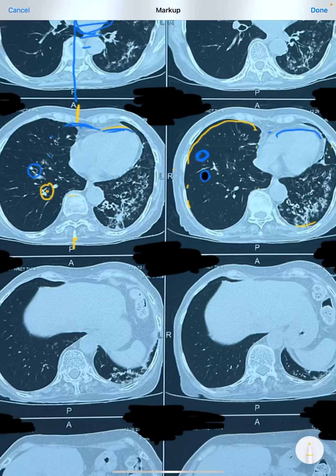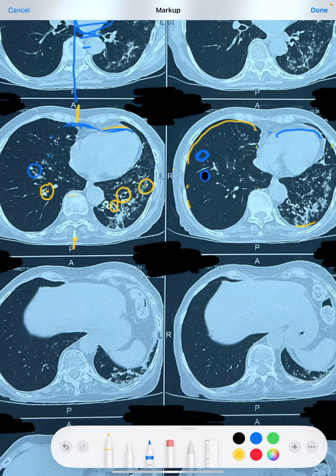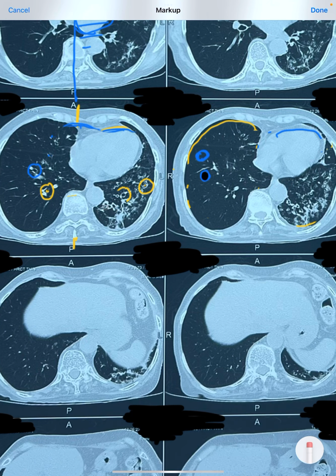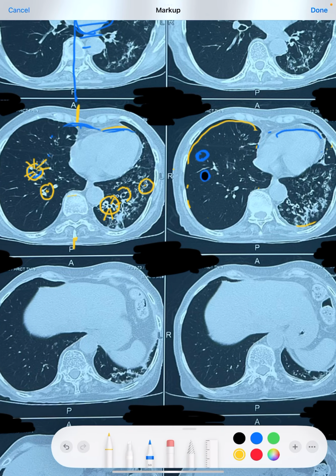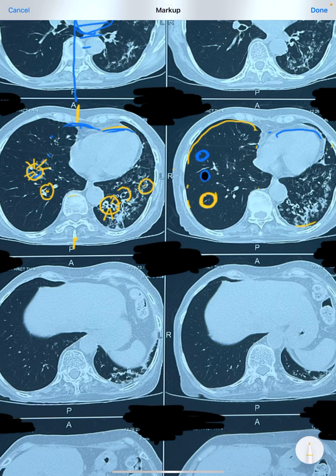Now see in here, we can see that air is there in the middle of this, but the thickness of the margin is markedly increased. Now just compare these bronchioles with this. Compare the thin wall of this and the thick wall of this. So these are thick bronchioles with air inside.